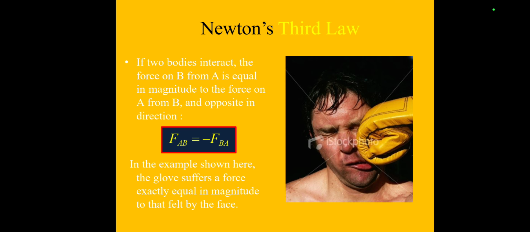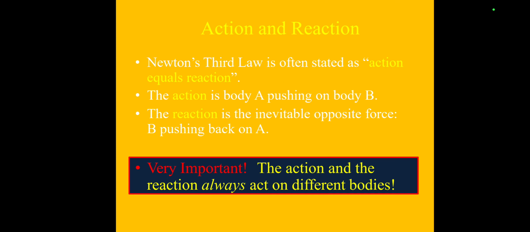So the force of A acting on B is equal to negative F, that is, the force acting by B on A. In the example shown here, the globe suffers a force exactly equal in magnitude to that felt by the face. Action and reaction. Newton's third law is often stated as action equals reaction.